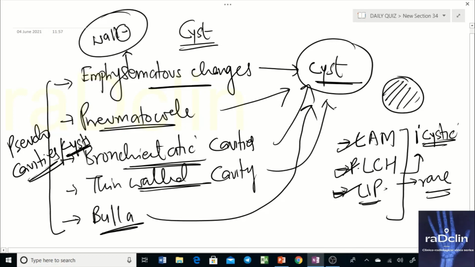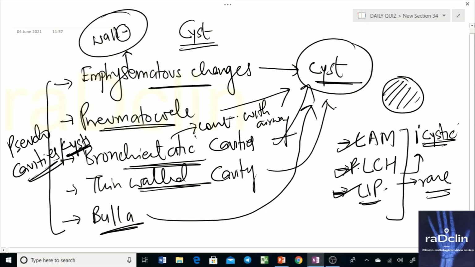If the patient has an acute history, is septic with high fever and a staph pneumonia like picture, then you will think of pneumatocele. Similarly, if the patient has a long history of low grade fever, you can think of bronchiectatic cavities. Another thing about a bronchiectatic cavity is that it will be continuous with the airway. These cavities would be continuous with the airway.